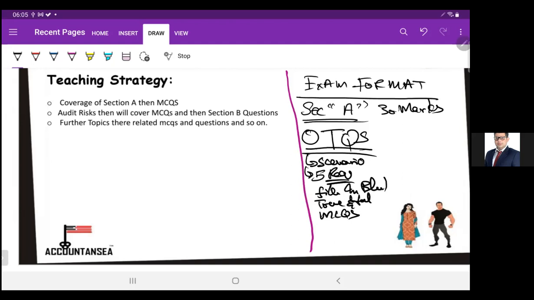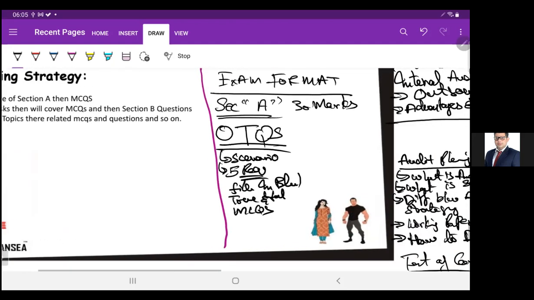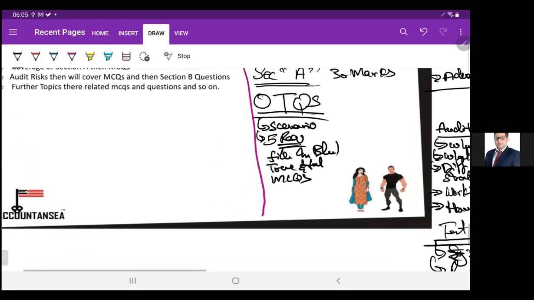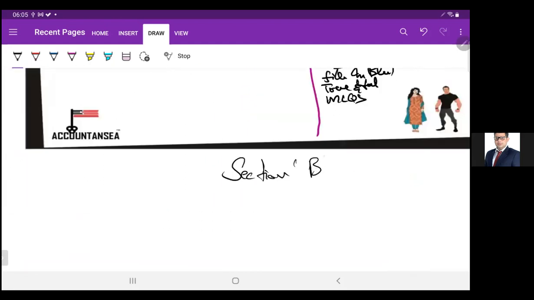And then we will have Section B, which will consist of three questions, comprising 30 marks and 20 marks, or vice versa.